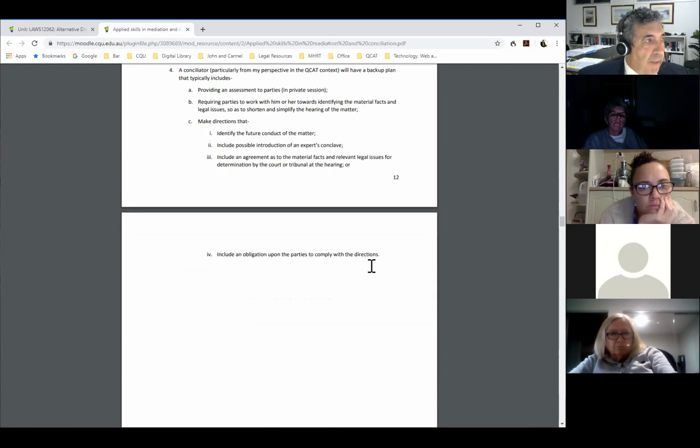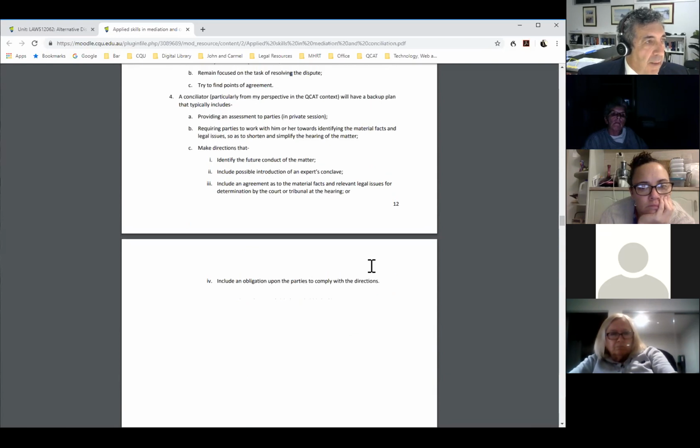Now, a conciliator may have a backup plan that provides an assessment of the parties in private session as to their prospects, and require the parties to work in identifying the material facts or legal issues so as to shorten and simplify the hearing of the matter if the matter does not resolve in conciliation.